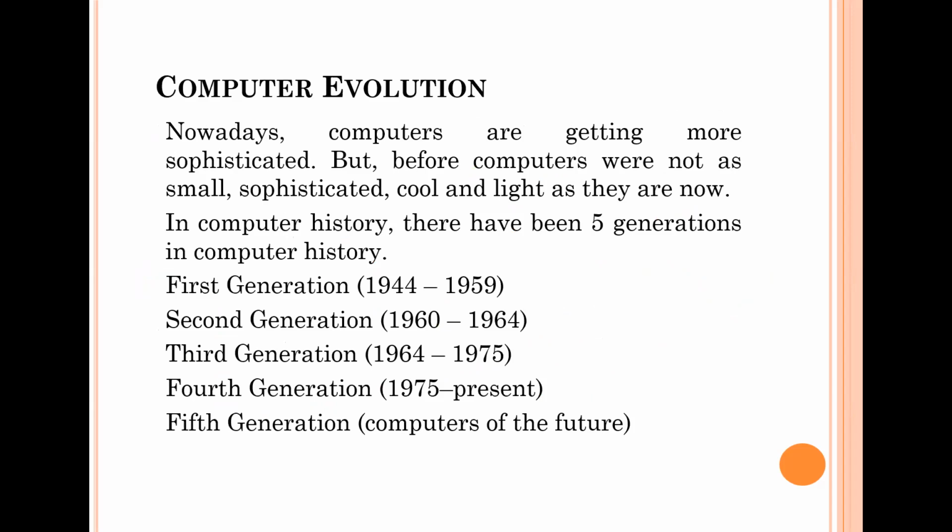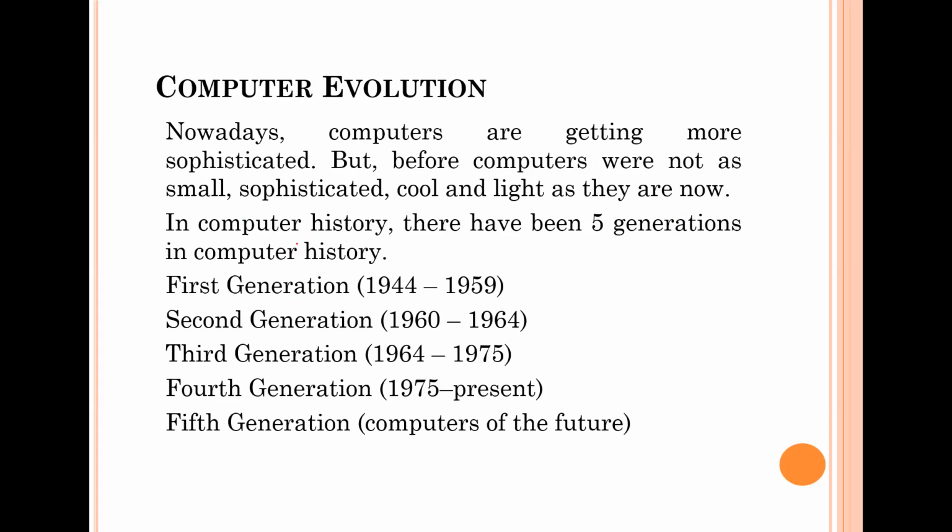Okay, let's continue with the computer evolution. Probably guys, you have read about the evolution of the computer. Computers are getting more sophisticated, as we all know, probably every month, not only every year, right? Every month we've got a lot of new devices, updates or anything related to hardware or software with the new version.